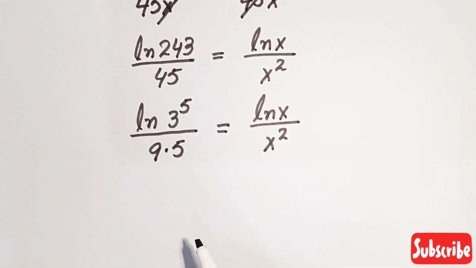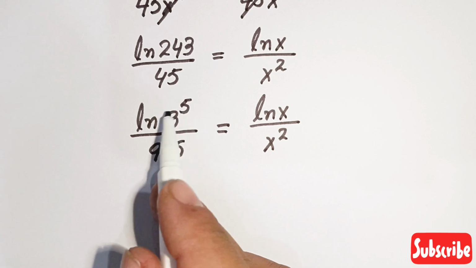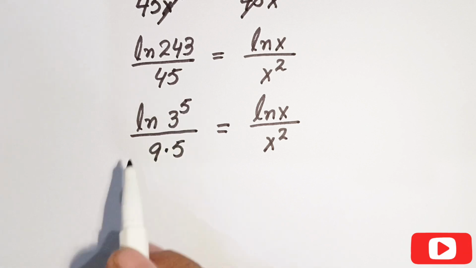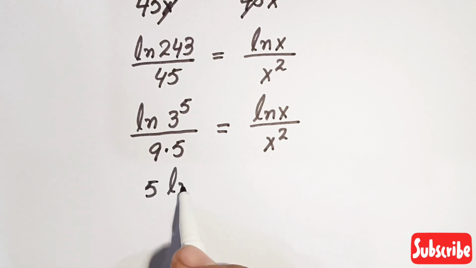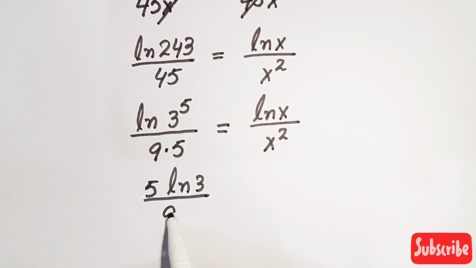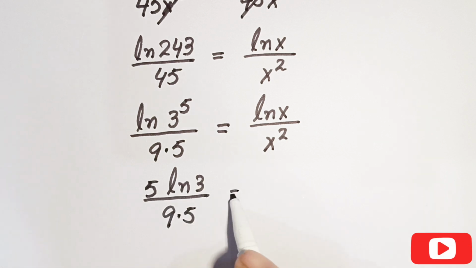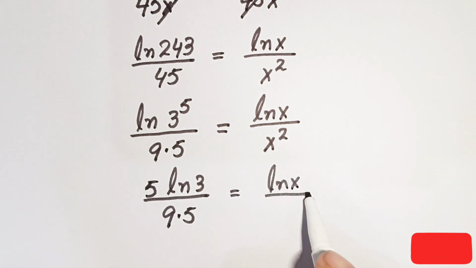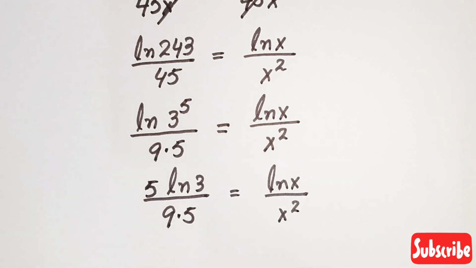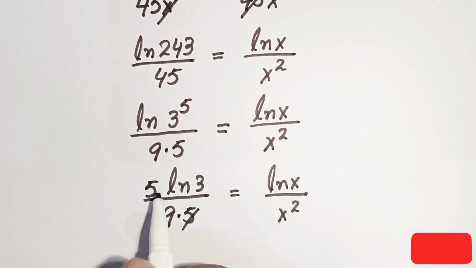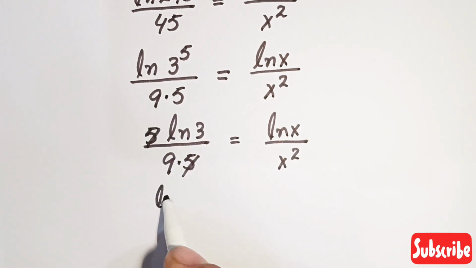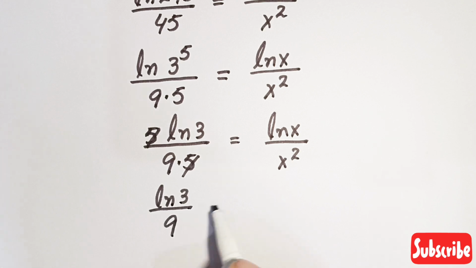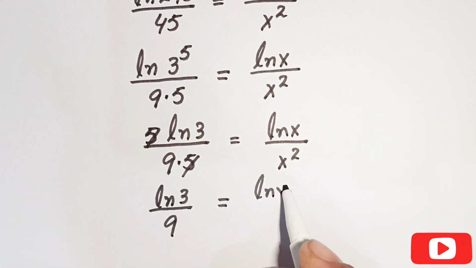If we use the power law of logarithm, we shift this 5 here, so 5 natural log of 3 all over 9 times 5 is equal to natural log of x over x squared. Cancelling 5 with 5, we get natural log of 3 over 9 is equal to natural log of x over x squared.